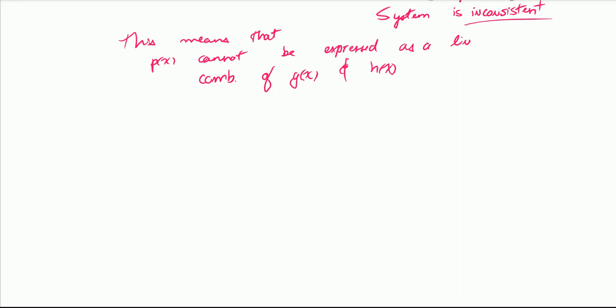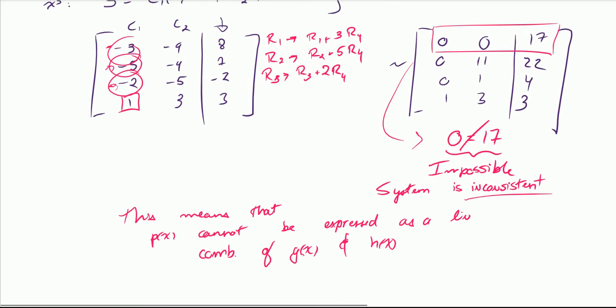So I can't express p of x as a linear combination because I get an inconsistent system in my row reduction.